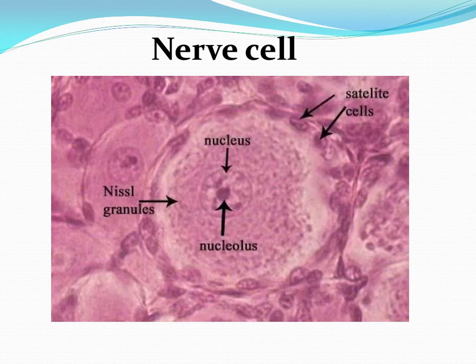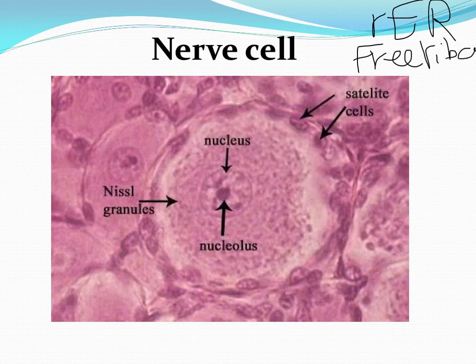These granules are basophilic granules that represent the rough ER, the free ribosomes, and also the polysomes. So the Nissl granules are basophilic granules filling the cytoplasm, and they are formed of three elements: rough ER, free ribosomes, and polysomes.